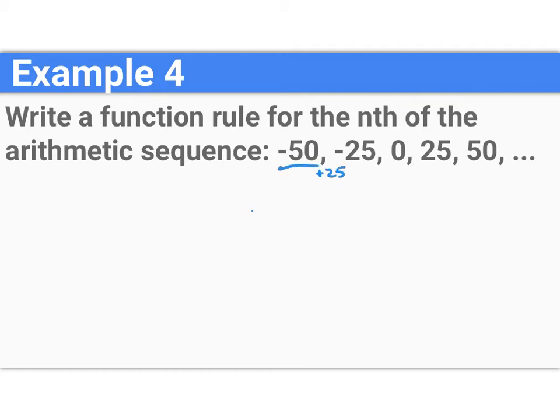Our first term is negative 50. So a sub n will be our first term, negative 50, plus d, 25, times n minus 1. And that is our function rule, and that's how we leave it, just like that.